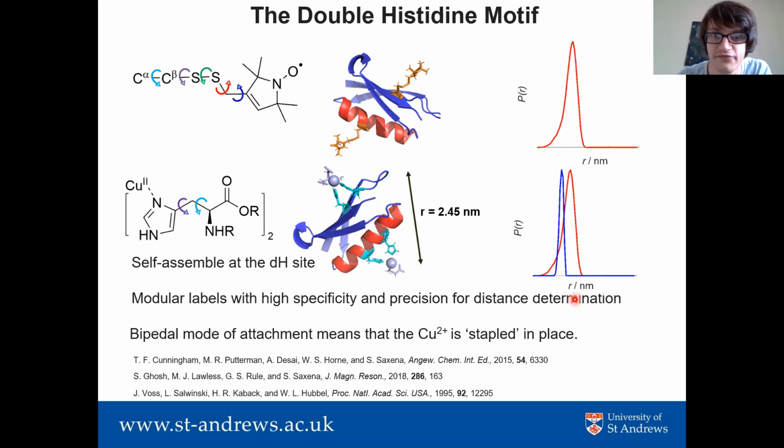And this is relative, for example, to MTSL. And just to further emphasize this point, that makes these labels particularly useful in the study of systems that have subtle conformational changes or subtle conformational equilibria, which otherwise you would be insensitive to.